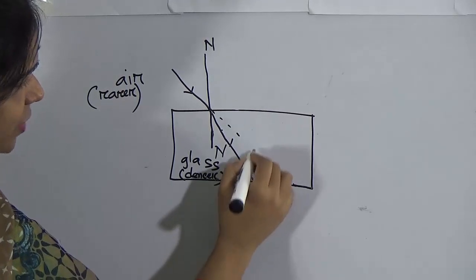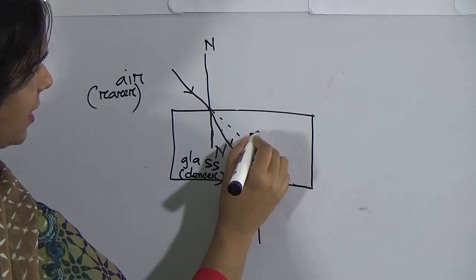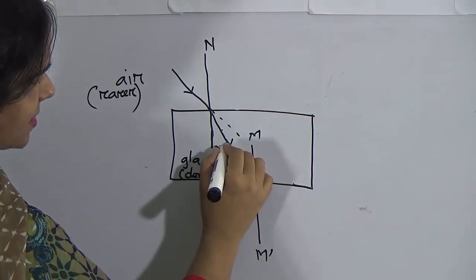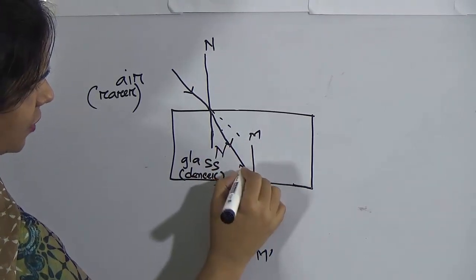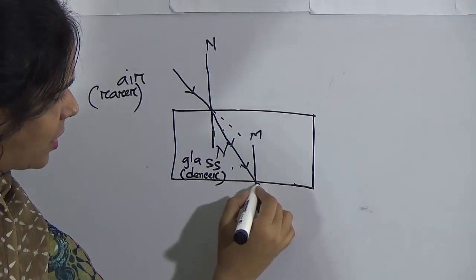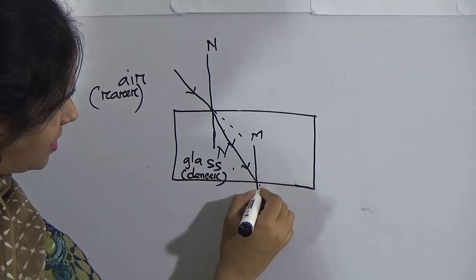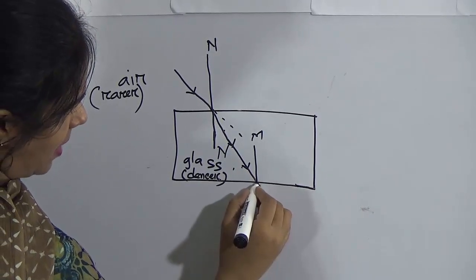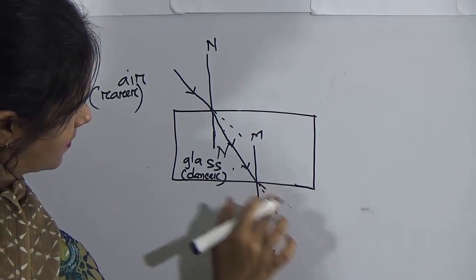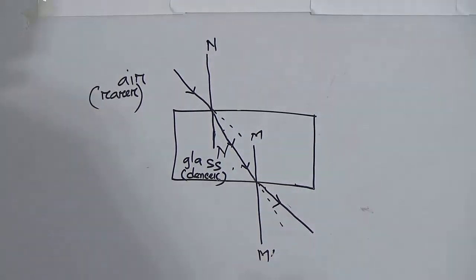At that point we have to draw another normal, that will be M prime, and this is the direction of light. Because this is the denser medium and the light comes again to the rarer medium, it goes away from the normal.